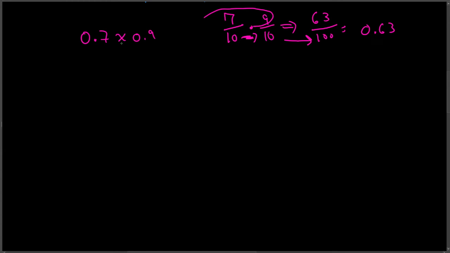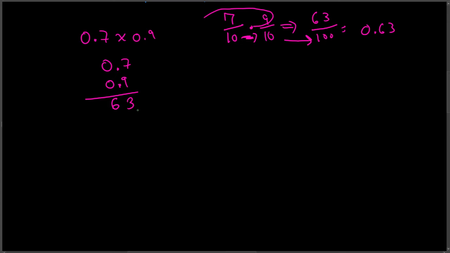So let's do the algorithm I said. So we multiply this like it's whole numbers. So I'll write it vertically. So I get 9 times 7 is 63. So I carry my 6 and everything else is zeros. And so my answer is 63. Well, how many decimal places did I have? I have 1, 2.